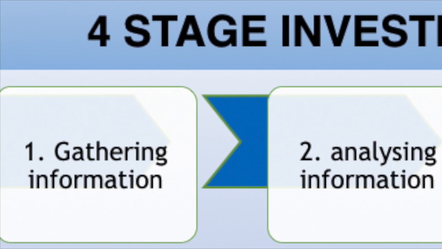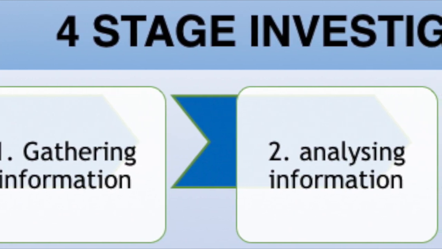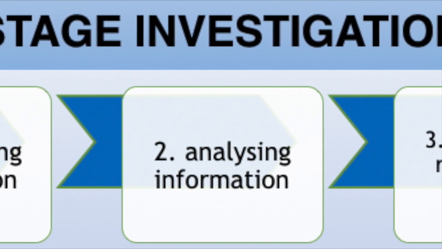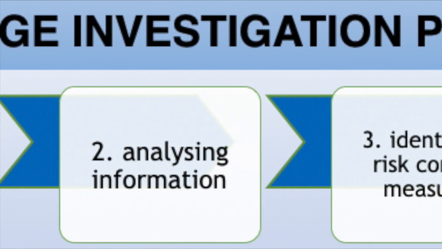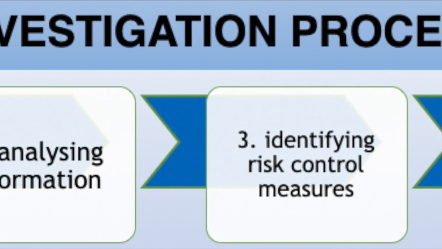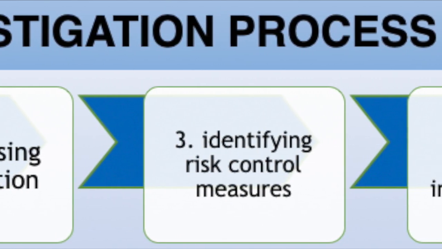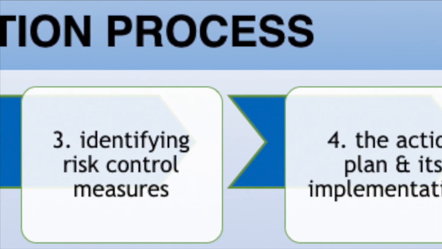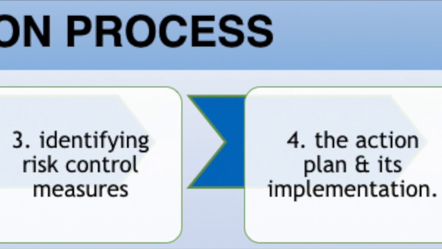In your open book examination, if you have been given a scenario where you need to do an accident investigation, make sure that you follow a methodology. It's good to follow these 4 steps where you can do a thorough investigation.